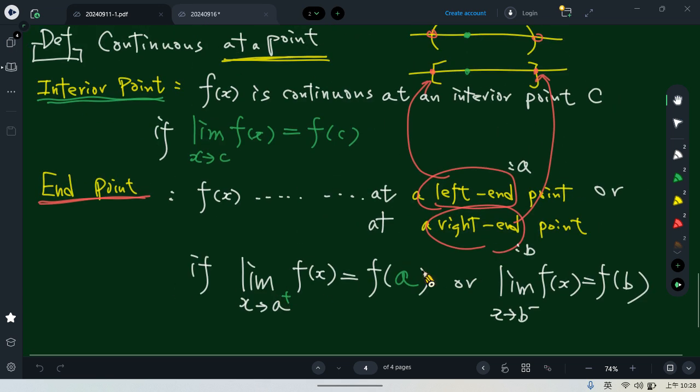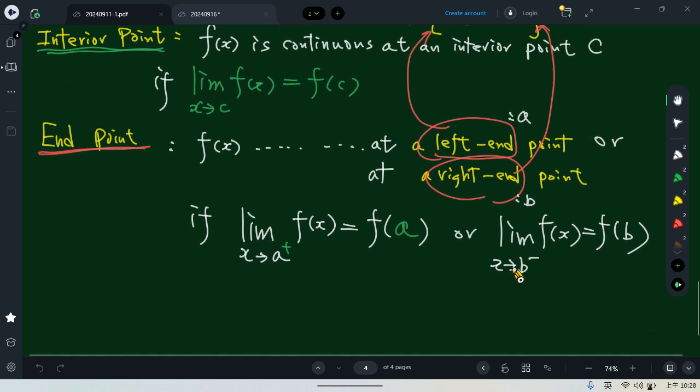Similarly, following this idea, if we want to check if the right endpoint b is continuous, we will check its left-side continuity. So just like this one, the limit when x is approaching b minus of f of x.